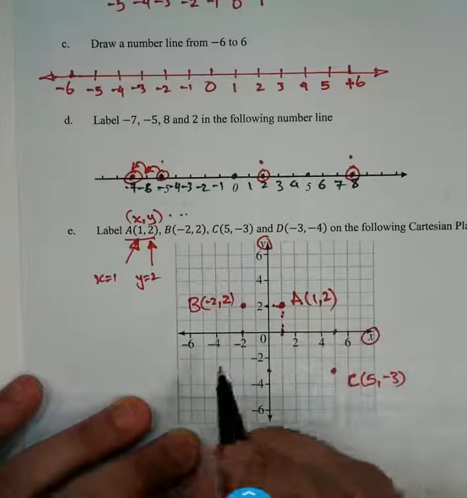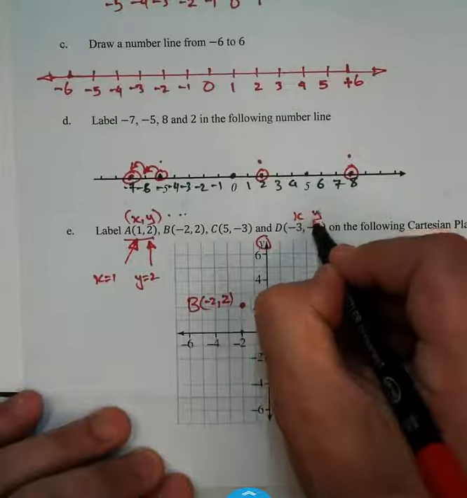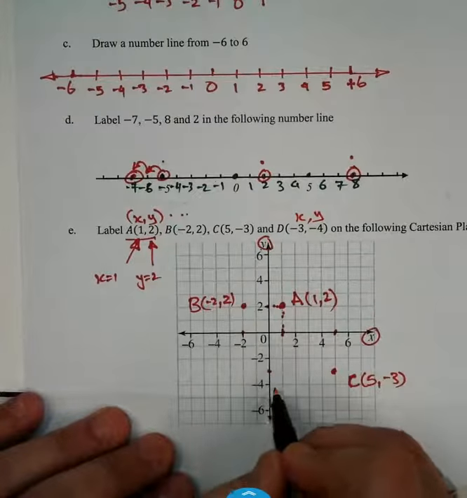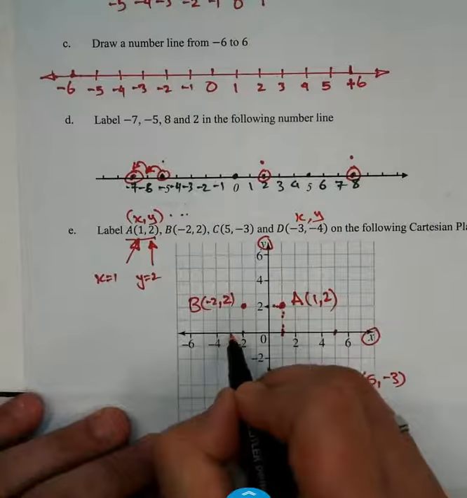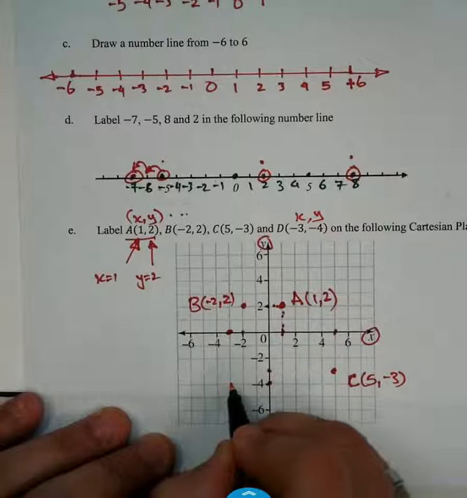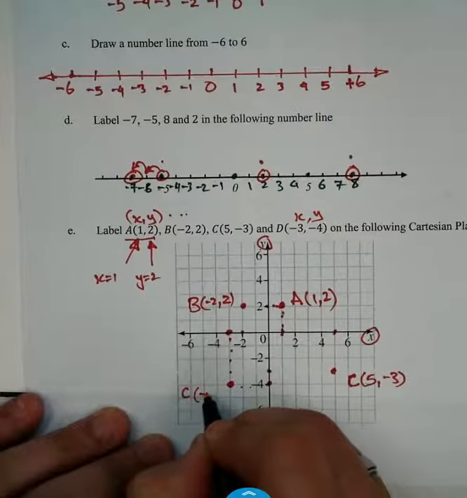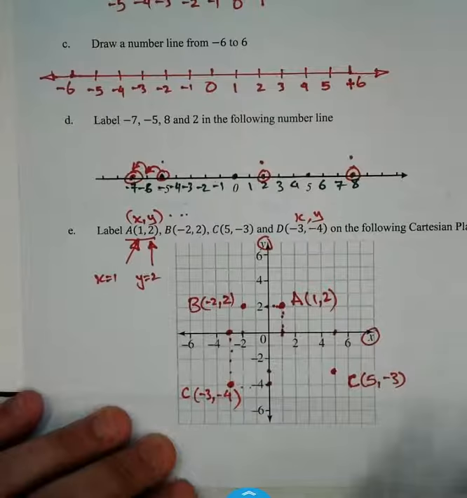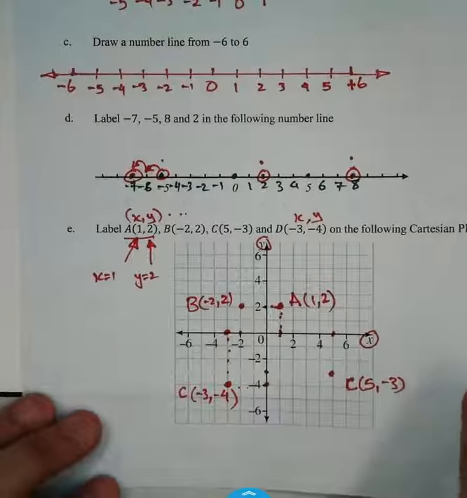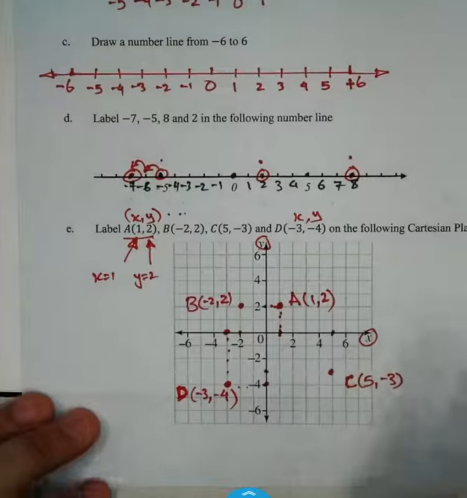So we're nearly there. And D, let's remember x and y. So -3 is here for x, and y is -4. So where they cross is here. So D is -3, -4. Okay, so that's, apologies, that's D. Okay, thank you.